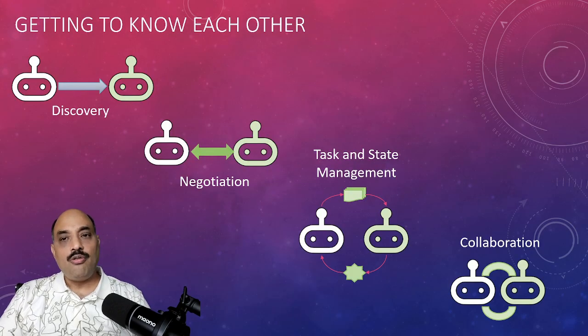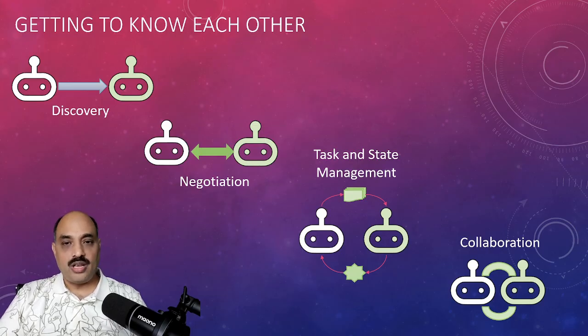Google has defined four stages of agent intercommunication. First stage is discovery. Second is called negotiation. Third is task and state management. Fourth is collaboration.